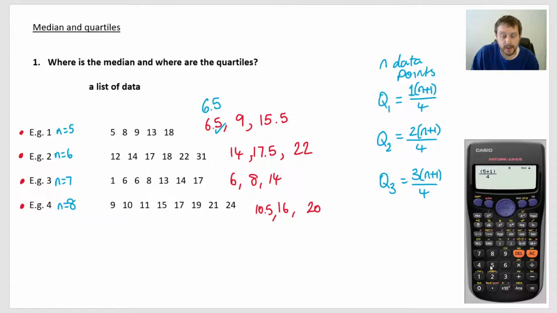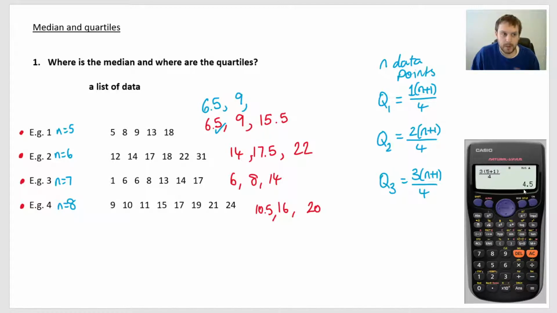The advantage of writing the formulas like this is you can just change the 1 to a 2 and just change the 2 to a 3. It's just quite quick if you do that. So for the median, it's the 3rd number along, which is of course 9. And then finally, if we change that 2 into a 3, we'll get the 3rd quartile.